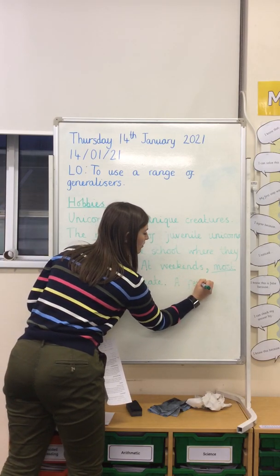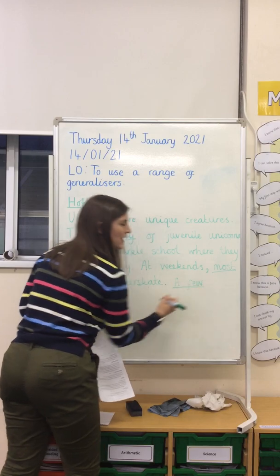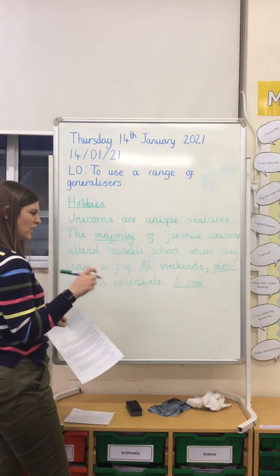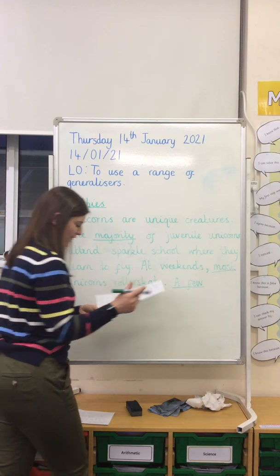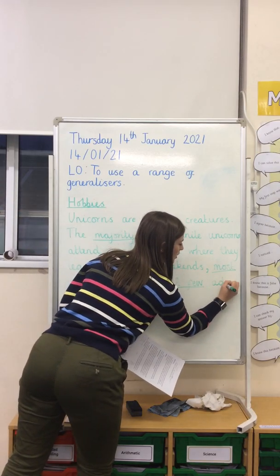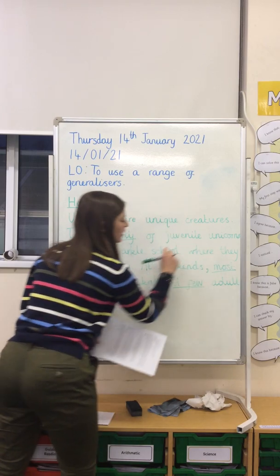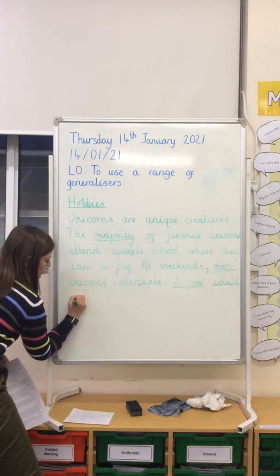A few, do you know what few means? It means not very many, just a few, a handful of them, small amount. So a few adult, so the opposite of juvenile, a few adult unicorns.